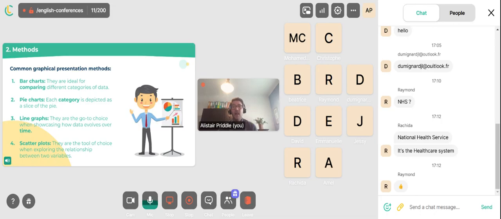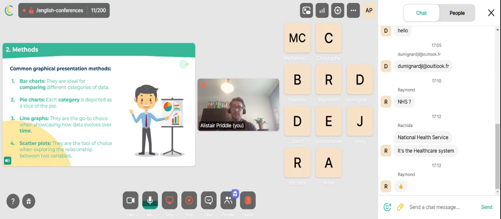Number 3, line graphs. They are the go-to choice when showcasing how data evolves over time.